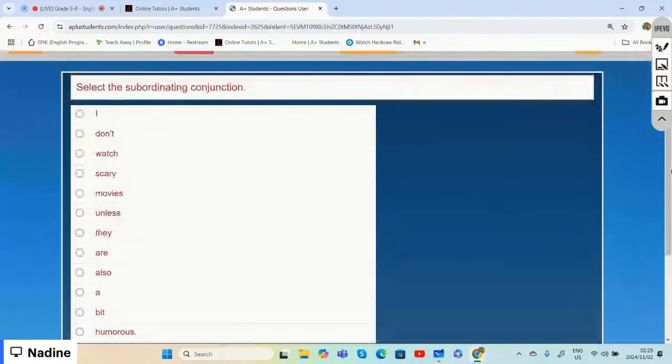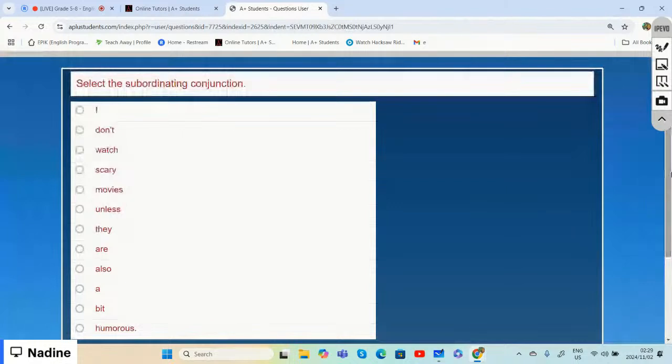The next one says, we need to select the subordinating conjunction. It says, I don't watch scary movies unless they are also a bit humorous.